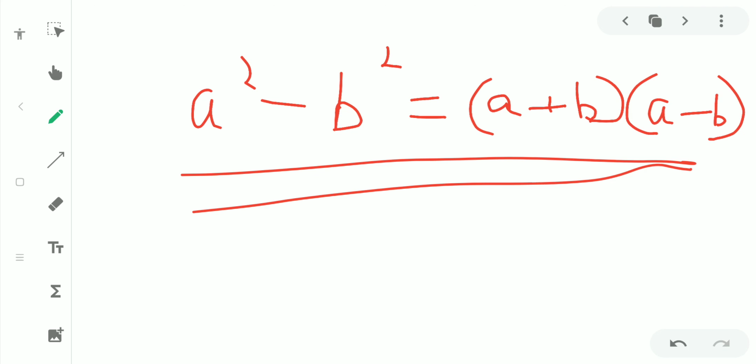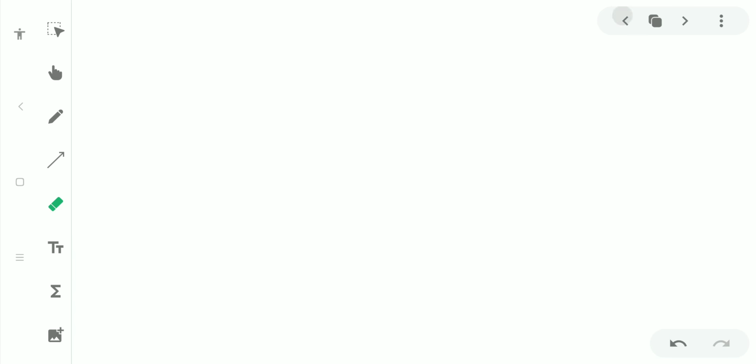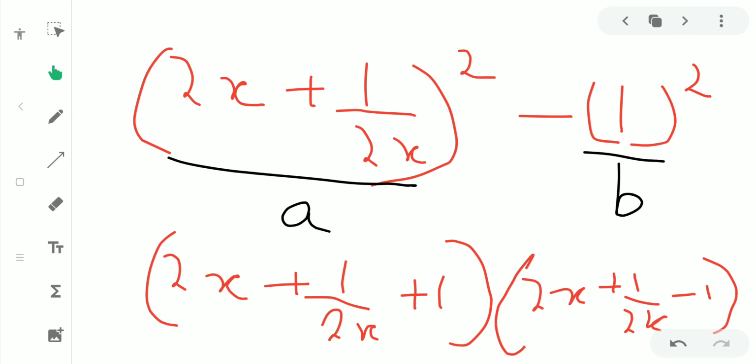So this is our formula. If we consider this one as a and this one as b, we will get a square minus b square, and the formula is a plus b times a minus b.